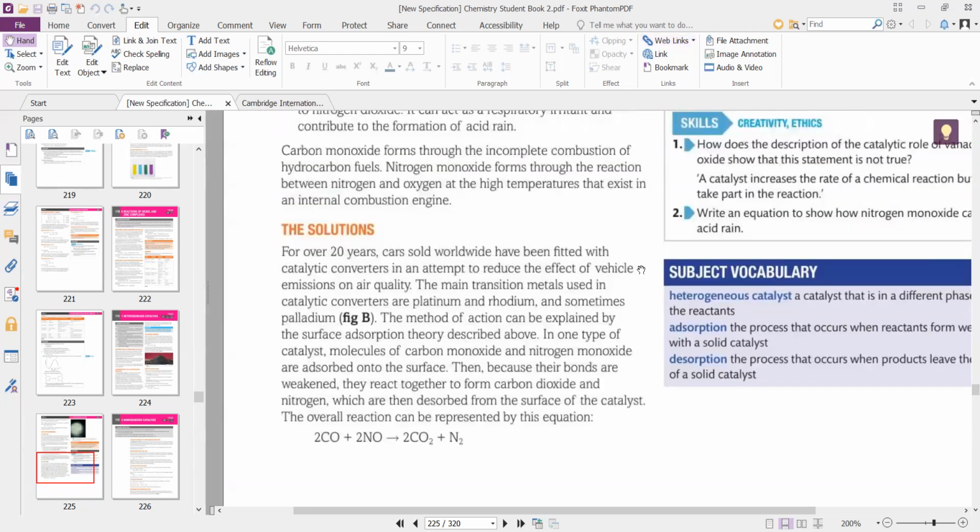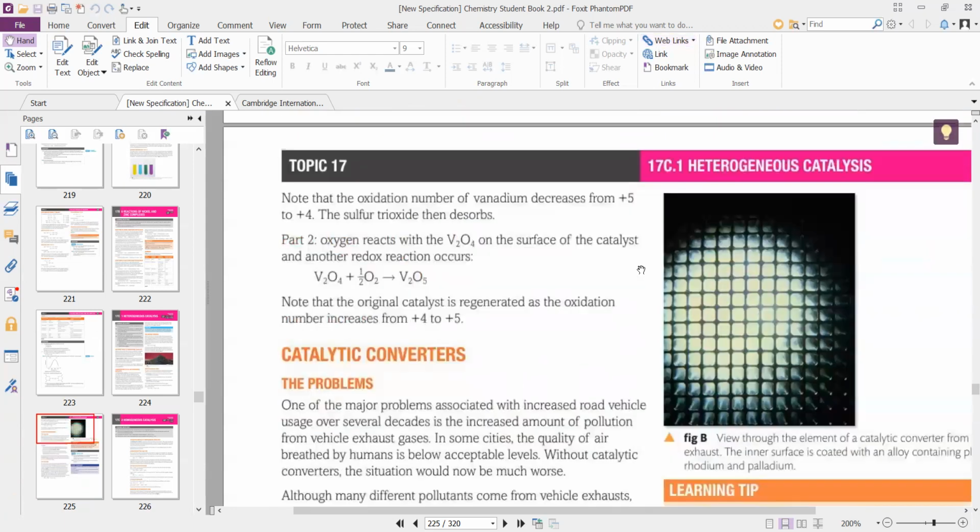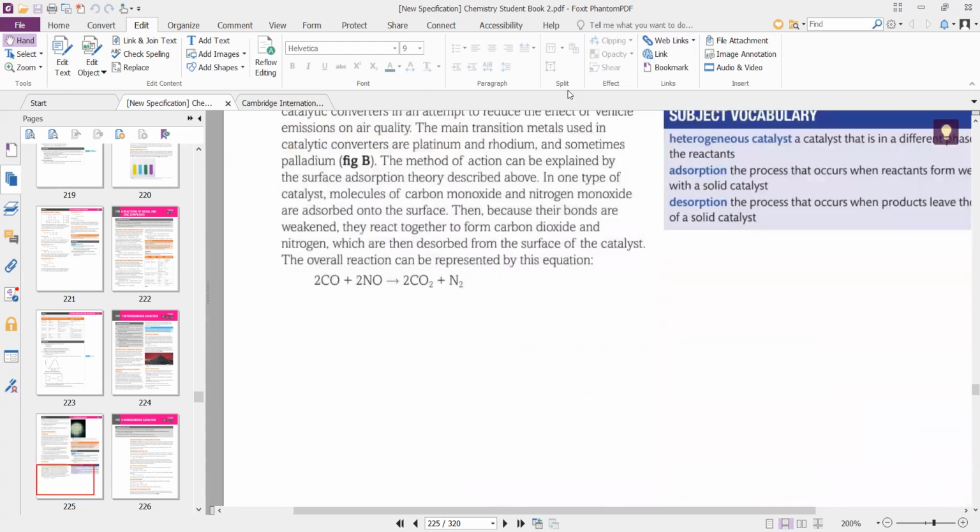It looks like a honeycomb mesh. The overall reaction that happens is this, and this reaction is catalyzed by this transition metal. Again the same principle, adsorption, reaction, desorption, takes place. Copy this.